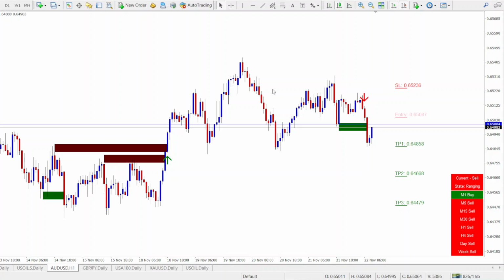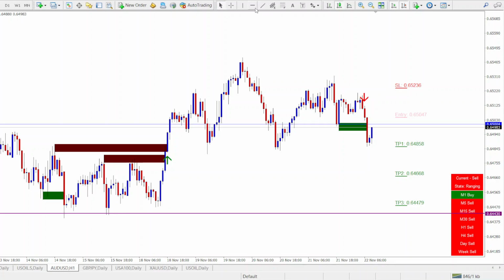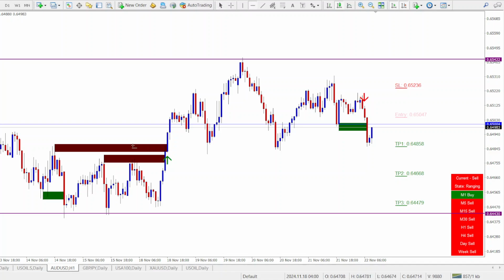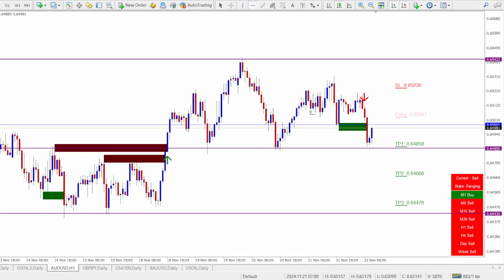Hence, I recommend that you make use of support and resistance zones and trend lines. In as much as this indicator also identifies some supply and demand zones for you, it is not every single point that the indicator identifies, as you can see.